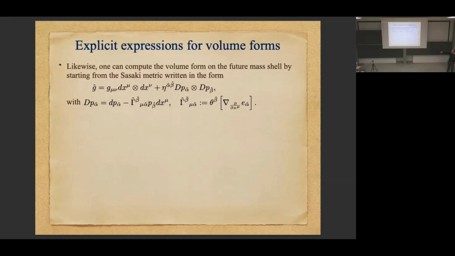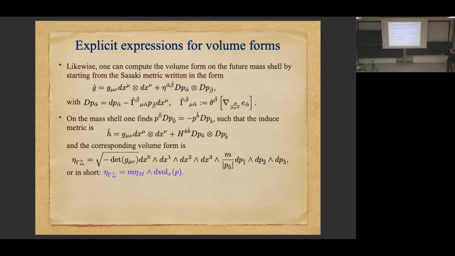So when you go to an orthogonal frame, you get connection coefficients, which are defined in this way, but there's no major complication to it. And then you can compute the induced metric in these coordinates. We have still the space-time part and here the vertical part, if you like.